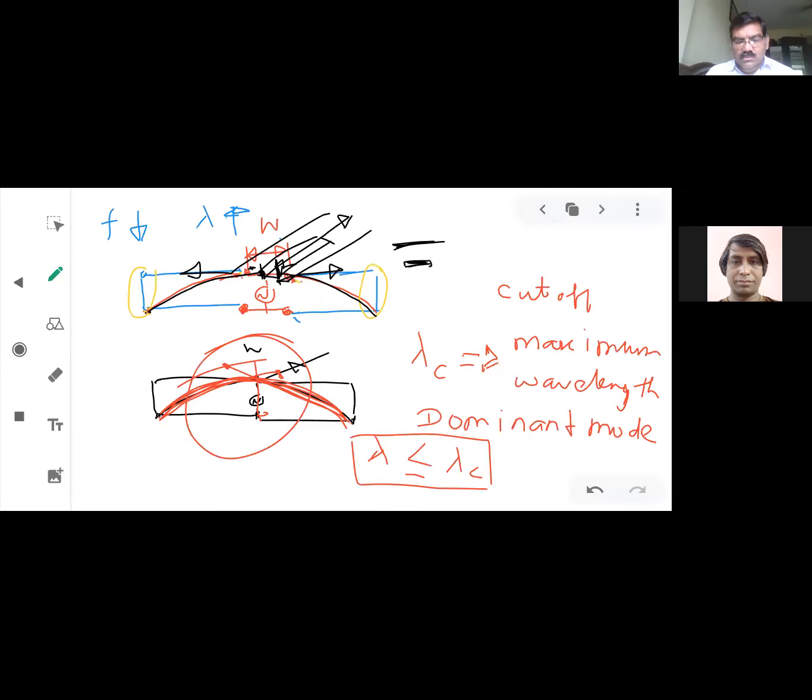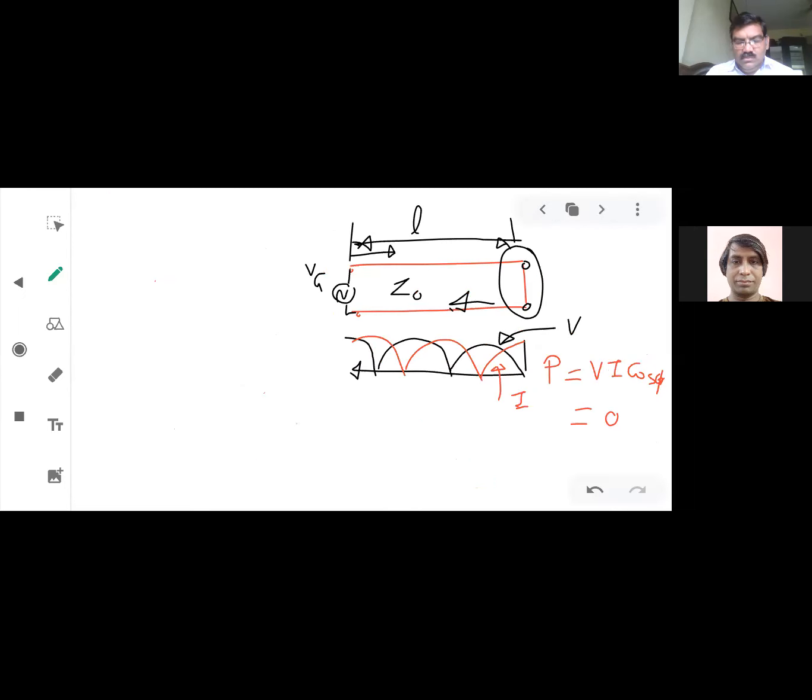But before that we can recap things. So I started with a transmission line. I said that if a transmission line is there and it is operated with an AC source, and one end is short circuited, or there is a mismatch between the load impedance and the characteristic impedance of the transmission line, then a standing wave gets formed. For a short circuited line, at the load end, the voltage minima is going to occur and the current maxima is going to occur.